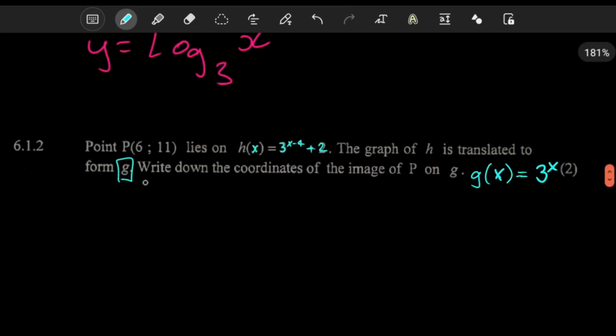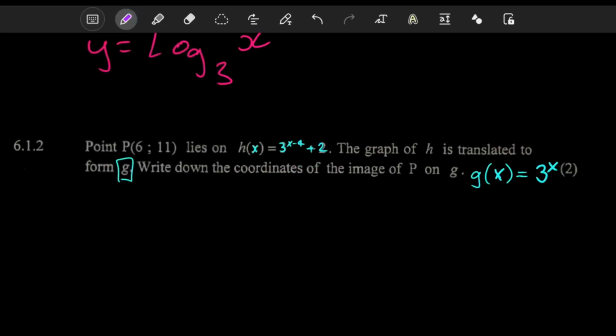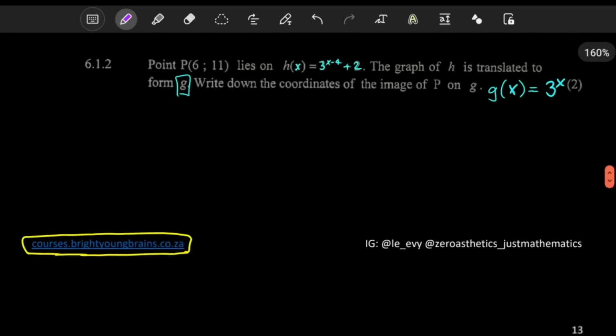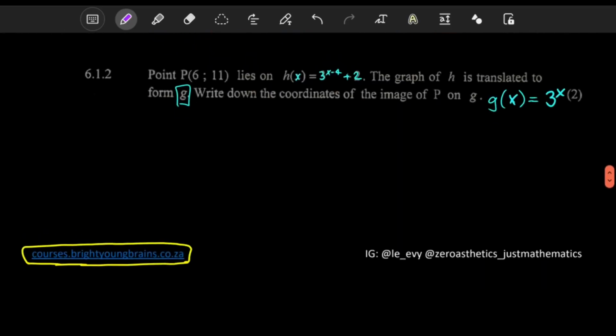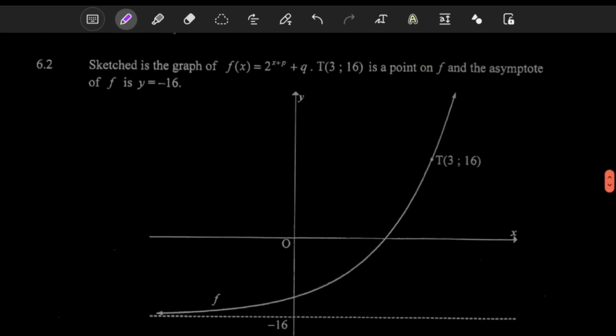Now, they say to write down the coordinates of the image of P on g. Guys, 2 marks only. If I saw this in the exam, I would have just moved on immediately and come back to it later.